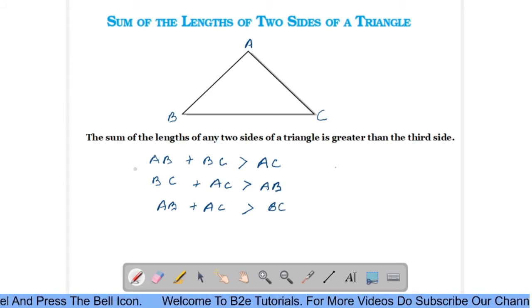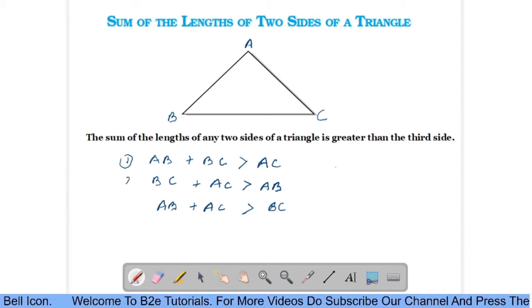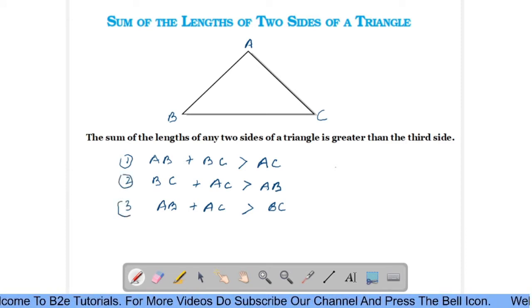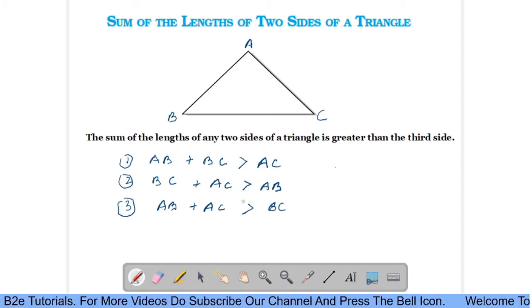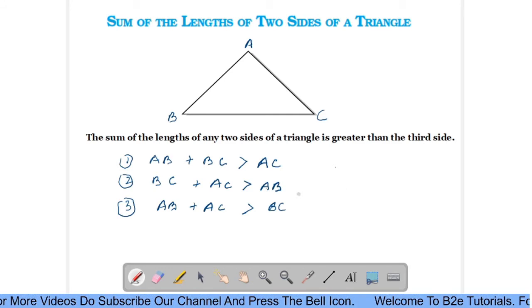So these are the three conditions for making a triangle. If these three conditions are followed, then only we can make a triangle.